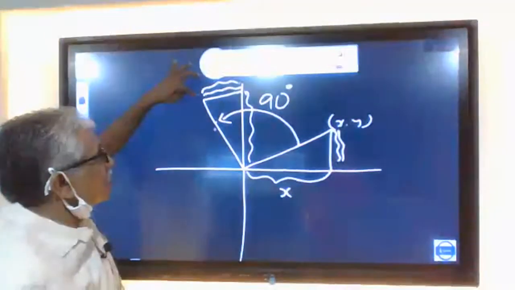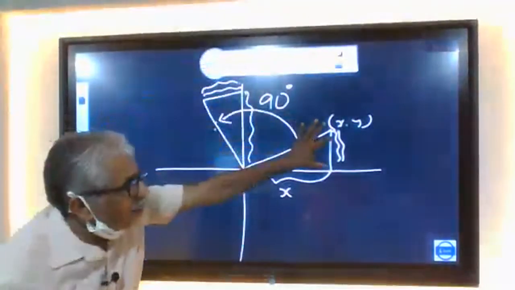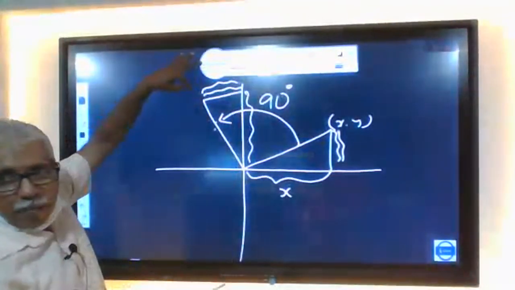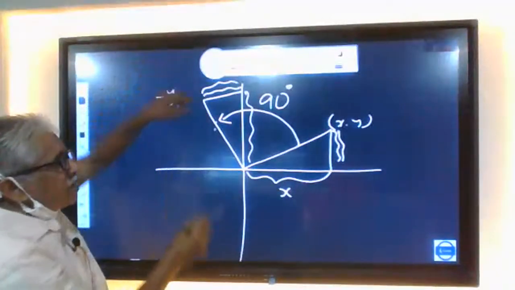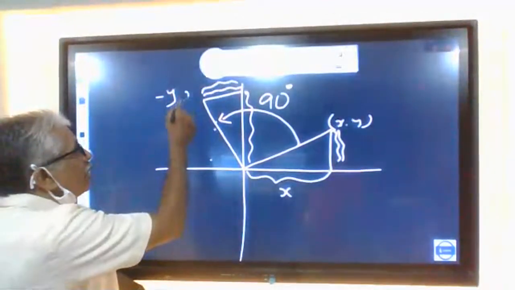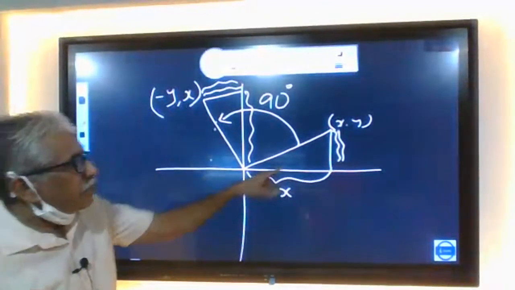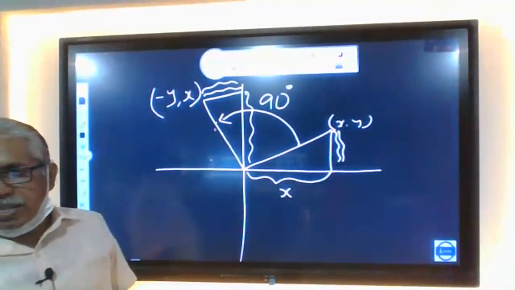But what will be the x coordinate of this point? The distance from the y-axis, that is y. But because you are moving to the left side, that will be -y. Is it not? And at what height you find the point, the y coordinate will be x. So (x, y) is changing to (-y, x).